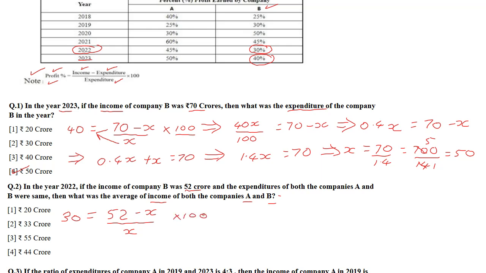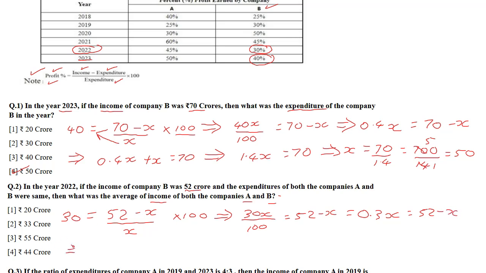And then we are following the same sequence as last time, where we say that 30x upon 100 is equal to 52 minus x. And then we can say that 0.3x is equal to 52 minus x.